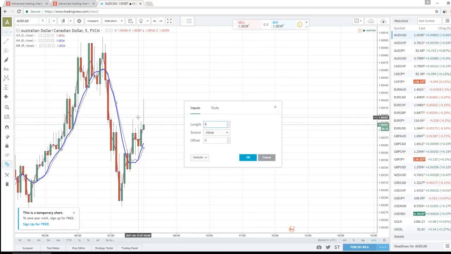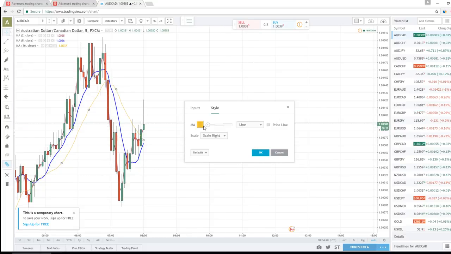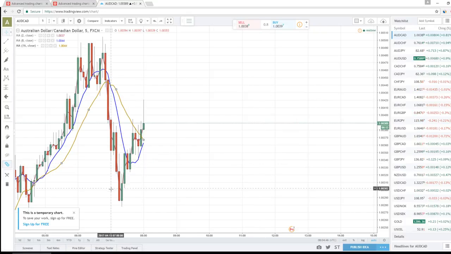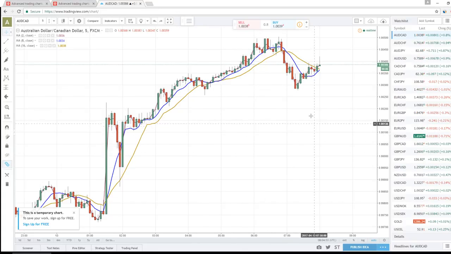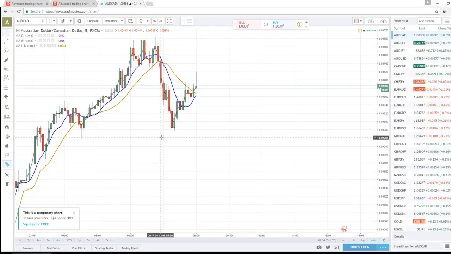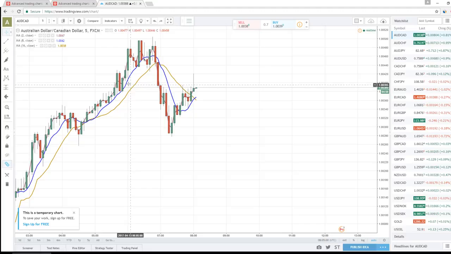And the last one. Well, we use different lengths here, so in order for us to get more exact analysis. So right now we have 3 moving averages on the chart with different length: 2, 8 and 16 candles.